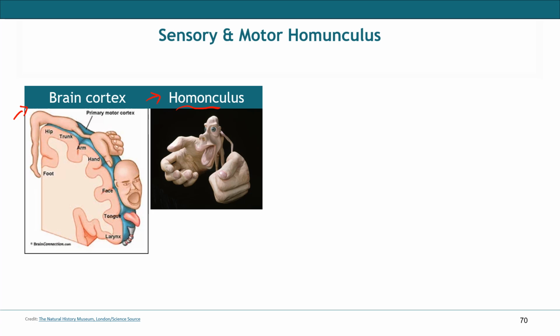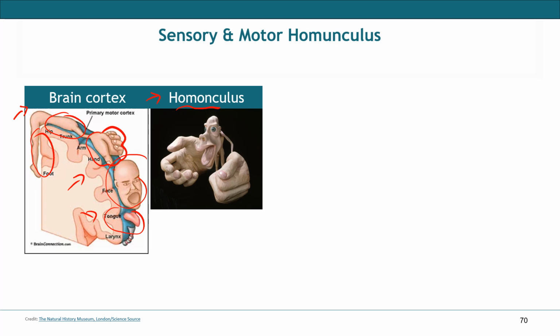Here, large areas of your brain are involved, for example, in sensation, like the taste, like the sensation of your hands, your facial movements. Well, large portions of our bodies, like our legs and our trunk, represent a very small portion of our cortex.